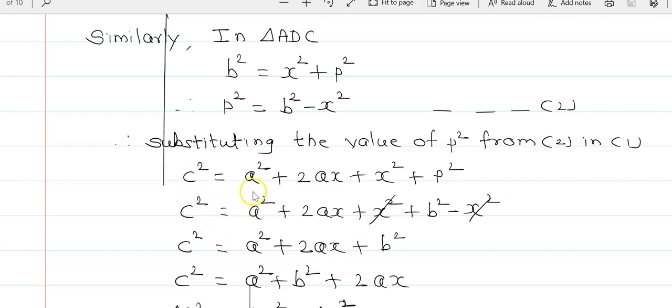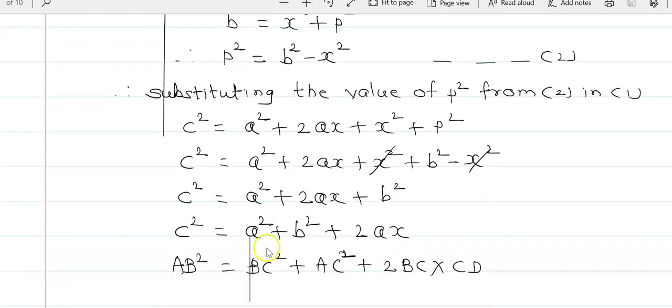Therefore, c square is equal to a square plus 2ax plus x square plus p square. The value of p square is b square minus x square. Here plus x square minus x square get cancelled, and we get c square is equal to a square plus 2ax plus b square, which is written as c square is equal to a square plus b square plus 2ax.